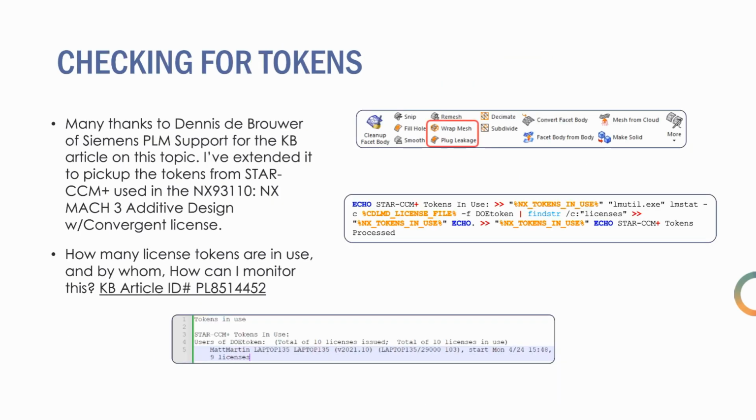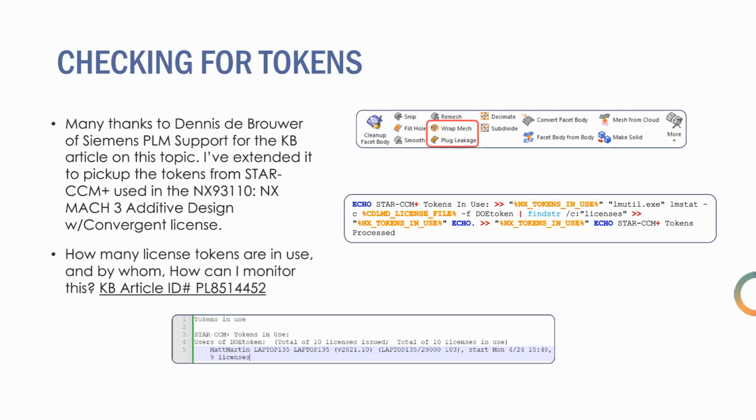Checking for tokens. Many thanks to those folks up on the community site, Dennis DeBrouwer in particular for this one. The license that we have for Mach 3 with Convergent has a Star-CCM+ component. So you have to download and install Star-CCM+, and you get these tokens that come along with it.